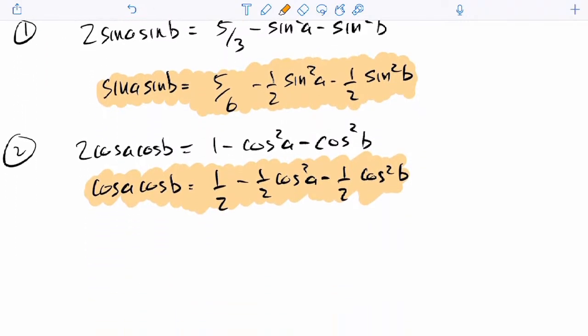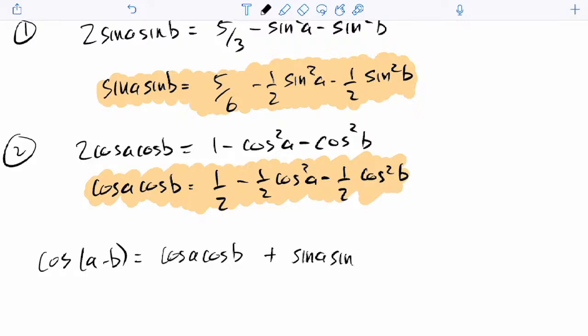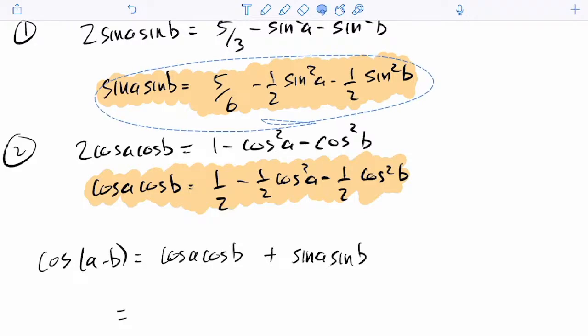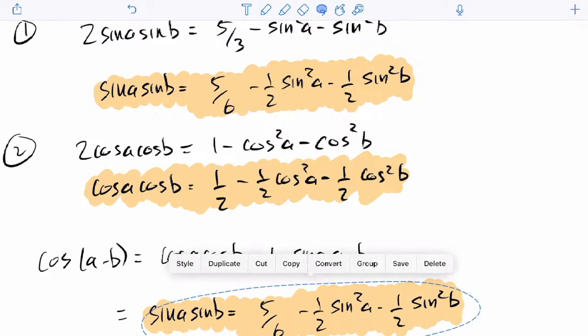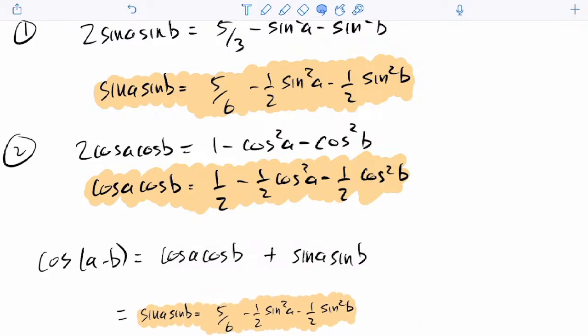Okay, so that's me isolating like you were wanting to do. Right? But we know the cos of A minus B is cos A cos B plus sine A sine B, which is going to equal like this. Sick iPad skills, guys.